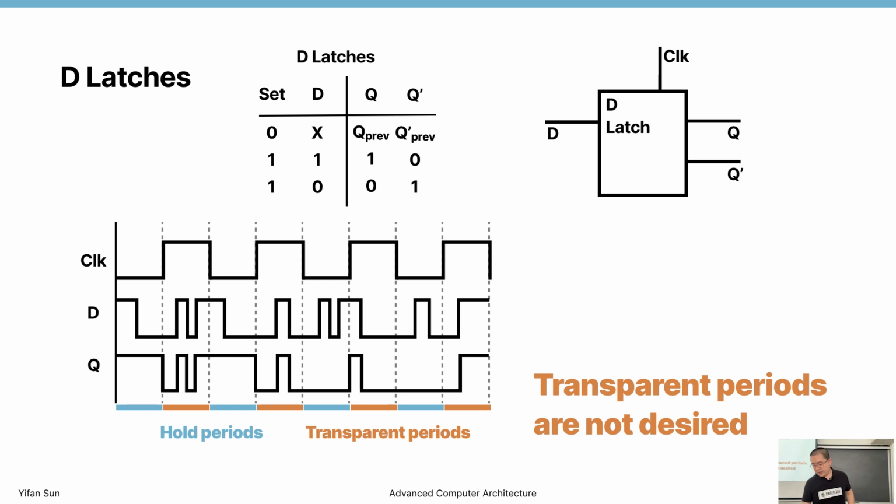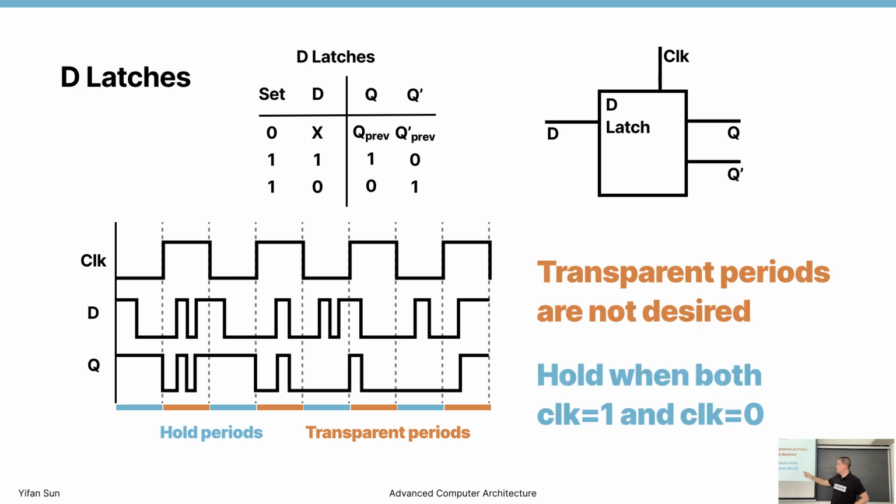So we actually want to hold when the clock equals 1 and when the clock equals 0, so that we can get rid of this fluctuation throughout the duty cycles of this signal.